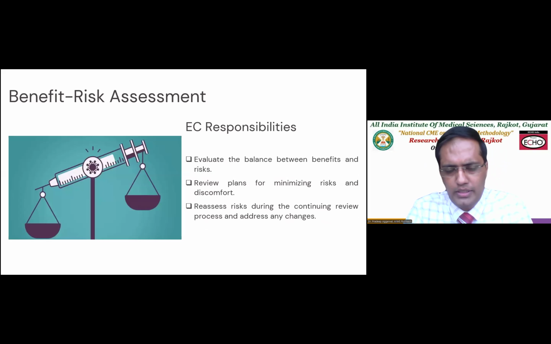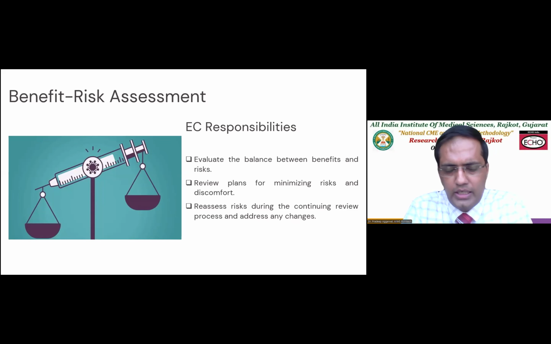What are the responsibilities of ethics committee? Evaluate the balance between the benefit and risks. Review plan for minimizing risk and discomfort to the participant. Reassess risk during continuing review process and address any change.